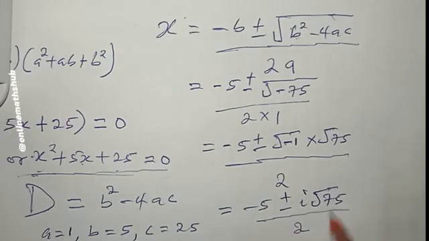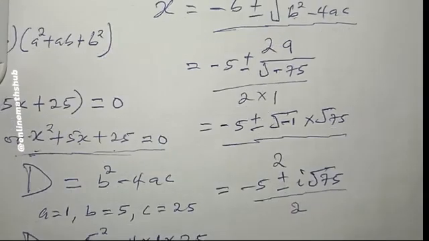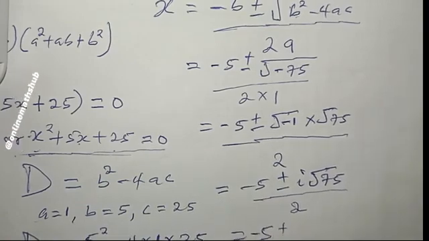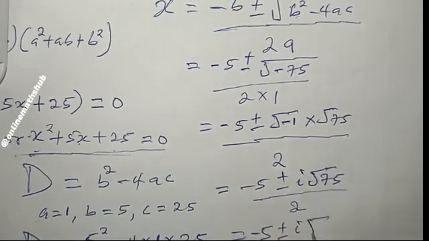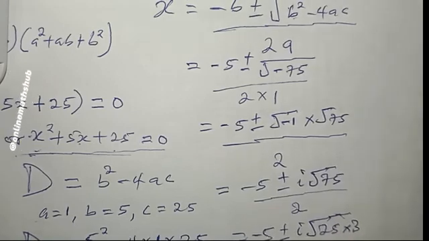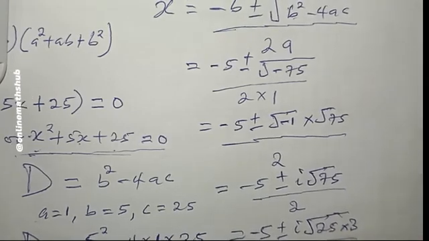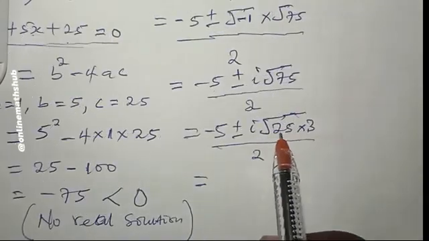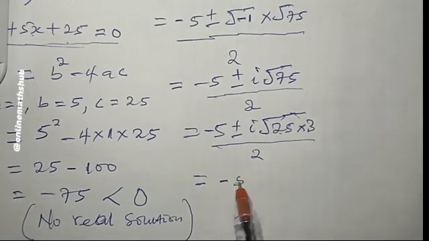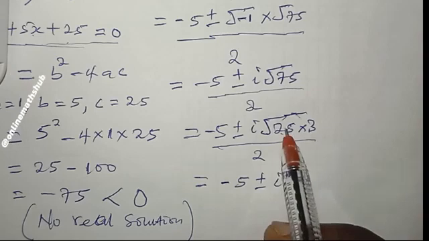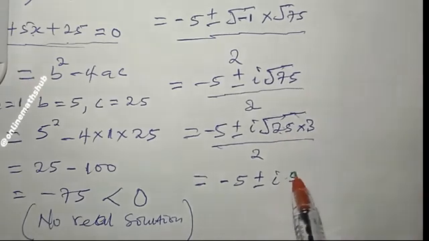We can also simplify this root 75 further. If we do that, what we now have is negative 5 plus or minus i root 75. We can write 75 as 25 multiplied by 3, where 25 is the perfect square. Moving on, we can now take the square root of 25, so we have minus 5 plus or minus i multiplied by the square root of 25, which is just 5.